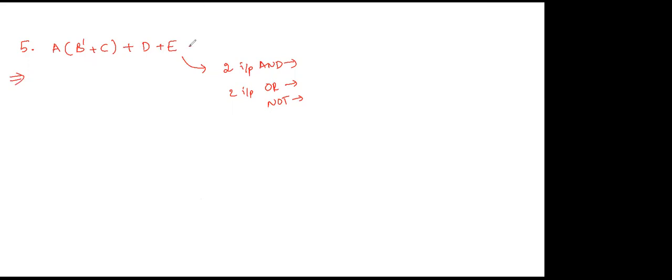The given expression is having 5 variables. So I want to reduce this to 2 variables. So I am considering F1 as one function. So A into F1 plus D plus E. We have 3 variables.